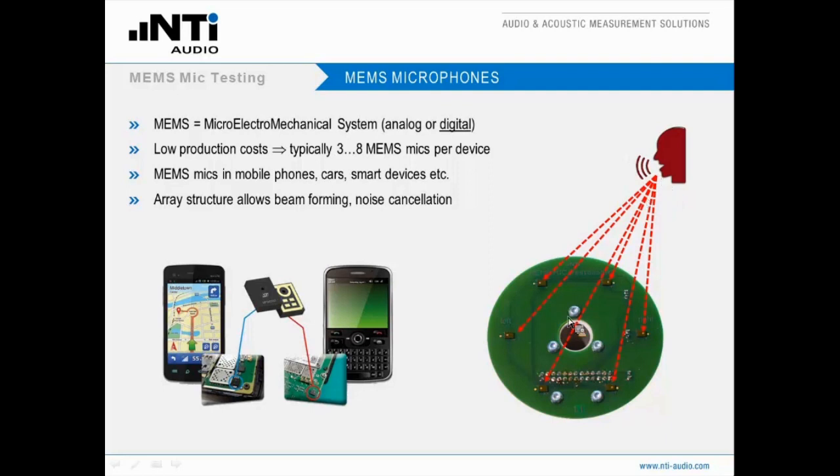So you can focus on a single speaker, a single sound source in the room. And in addition, having done that, you can cancel the ambient noise that has been created somewhere around. So this is a huge advantage of an array of MEMS microphones.